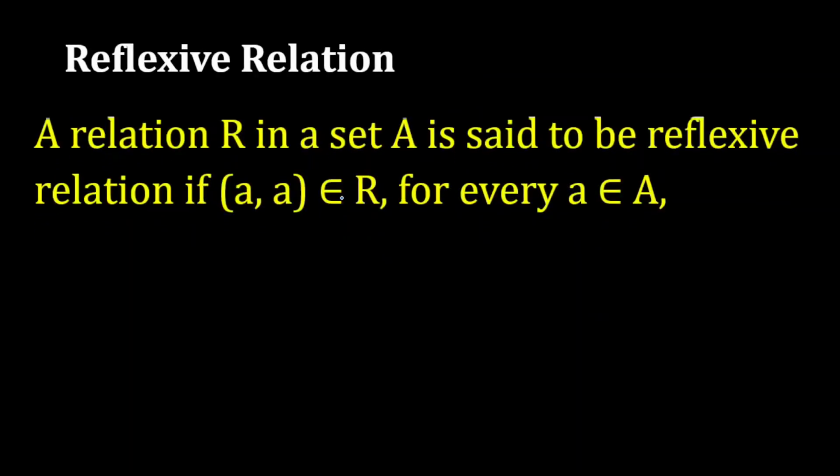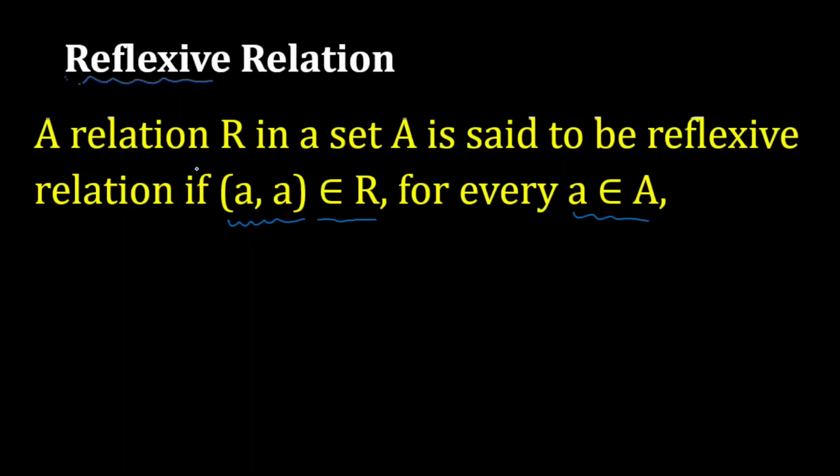First one, reflexive relation. Let's define it and we'll see an example. A relation R in a set A is said to be a reflexive relation if, mathematically, what we write is (a, a) belongs to R for every a belongs to A. Reflexive in the sense it is like a mirror.